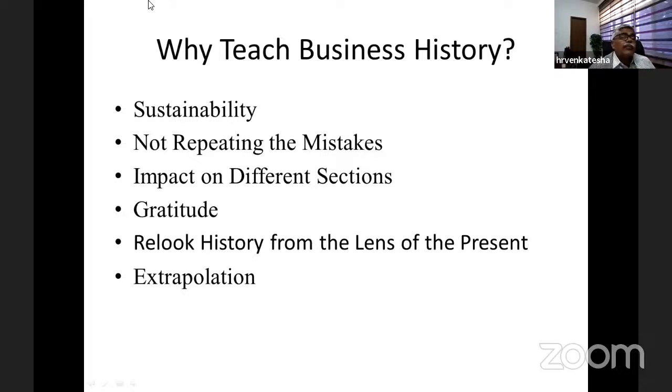Most of the time, today's corporate world is working based on the interest of the corporate. It is not based on the interest of consumer health. It is not based on the interest of sustainability. It is not based on the interest of the society. It is not based on the interest of the employees.